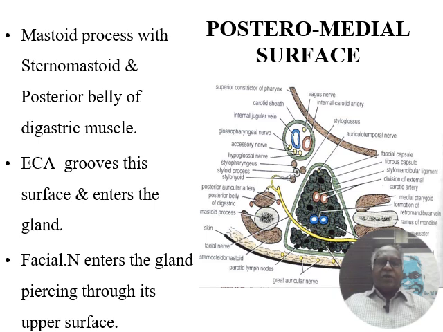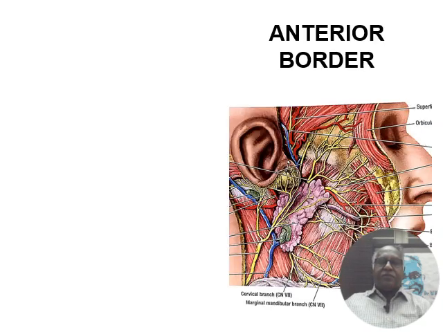The external carotid artery grooves the surface and enters the gland. The facial nerve enters the gland, piercing through the upper part of this aspect. So these are all the relations of the posteromedial surface of the parotid gland.